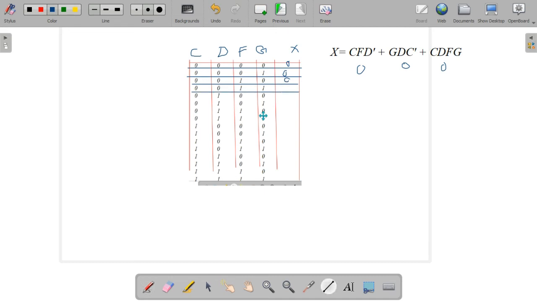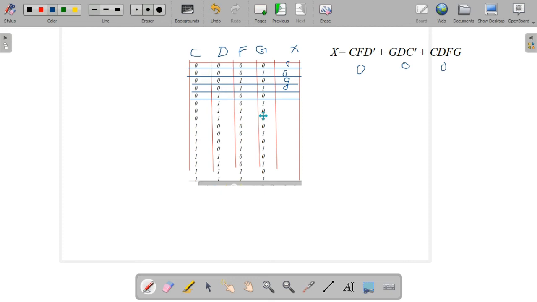Then next row 0, 0, 1, 1. In CFD dash, C is 0, F is 1, D dash is 1. So C is 0, that's why no answer. GDC dash means G is 1, D dash is 0. So there also we have no other value. 0 is the answer.